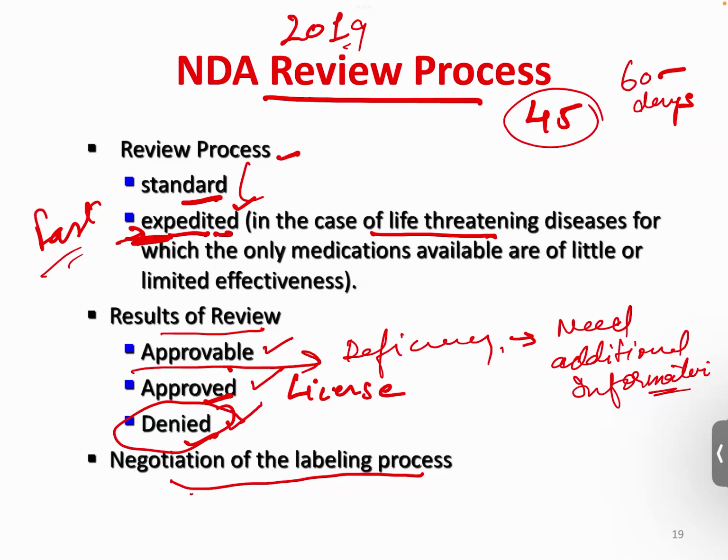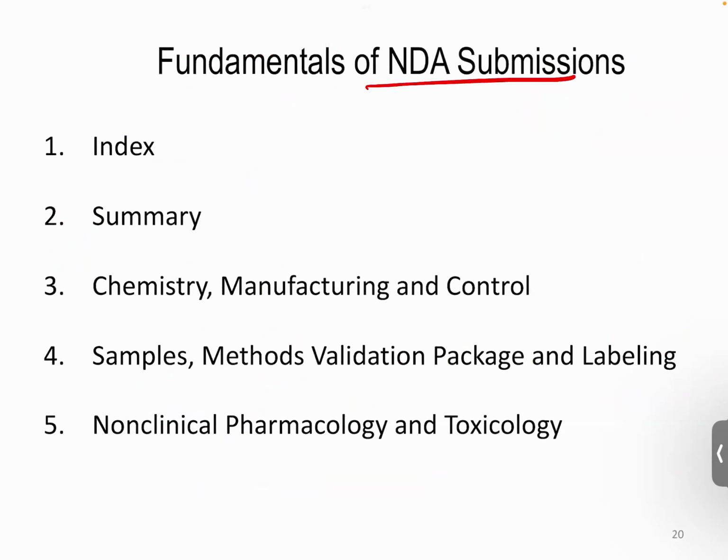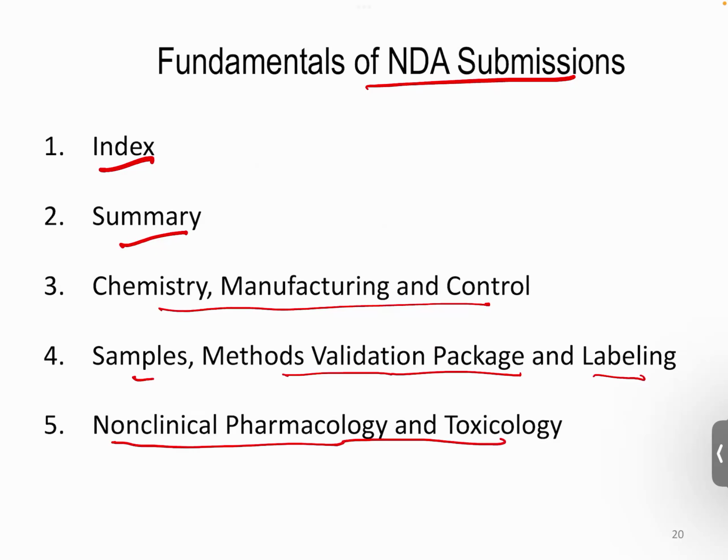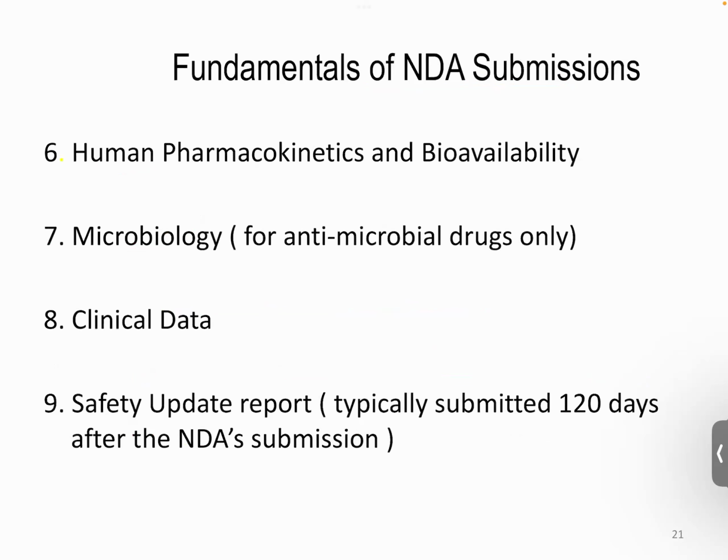Now, what are the different components that go into this application? First of all, index. No question on that. Summary of the application. CMC information, samples, method, validation package, and labeling. Preclinical, pharmacological, and toxicological data. Human pharmacokinetics and bioavailability.